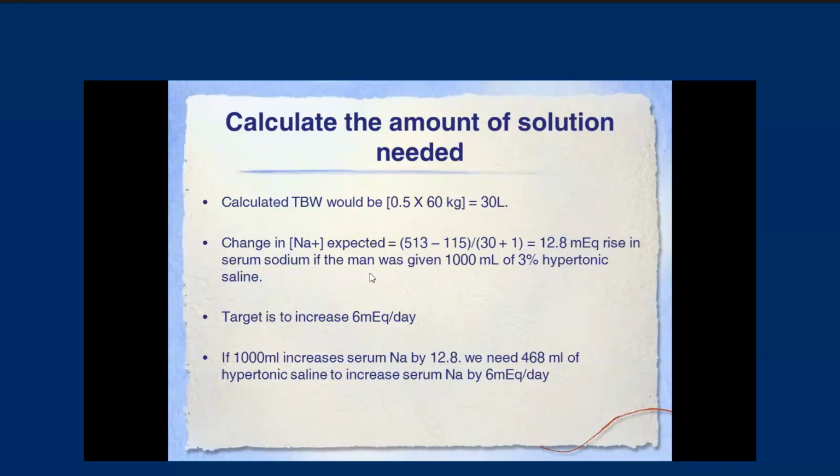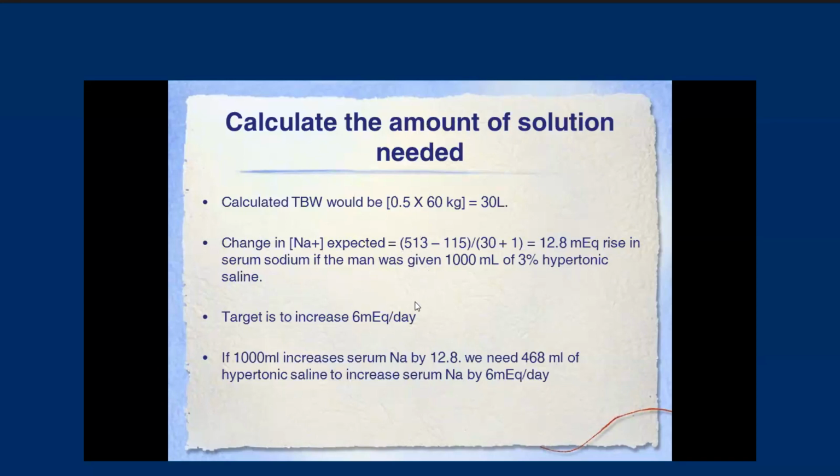If you are using 3% saline, the amount of sodium is 513 in 1000 ml of 3% saline. This is for an IV one, but we can still use it for PO for our setup.